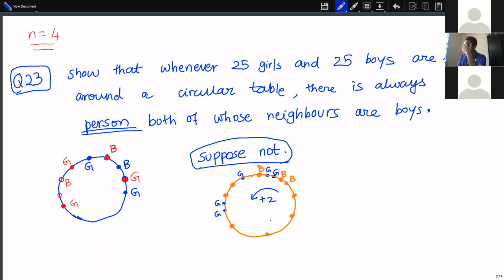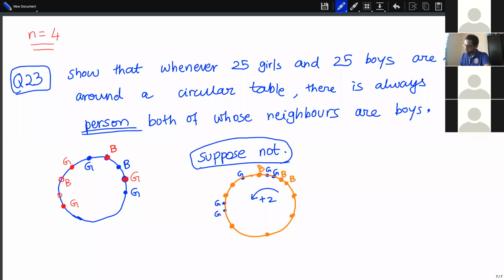Since there's an equal number of boys and girls, 25 each, if you know where all the boys are, then it tells you where the girls must be sitting, right? In some sense, this seems to say that, okay, we need to conclude from here. My own thought was that the configuration, if you just continue it 25 times, you'll see that the boy must be the girl.